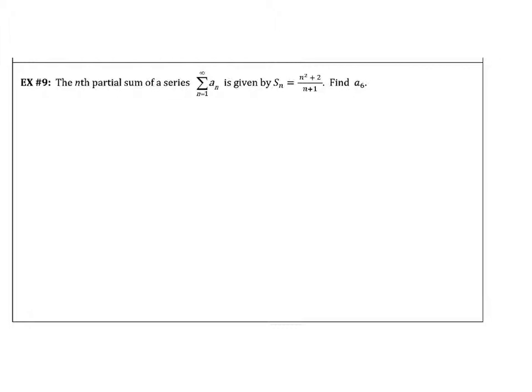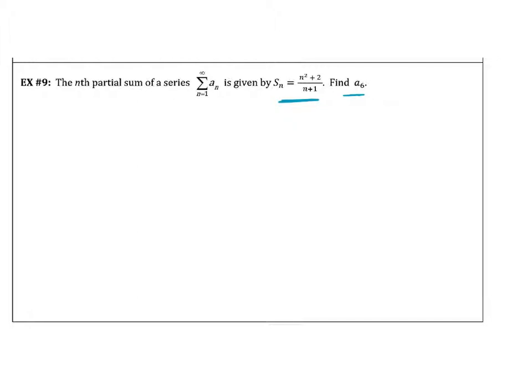Okay, so for our next problem, here we've got the nth partial sum of a series, and we're given S sub n is this. And so we need to find a sub 6. So here, using the same idea as previous, let's list out what that might imply.